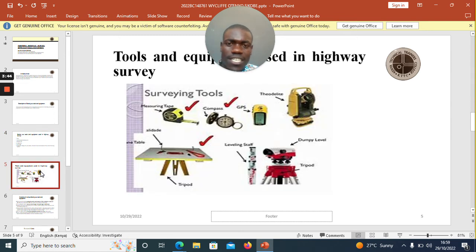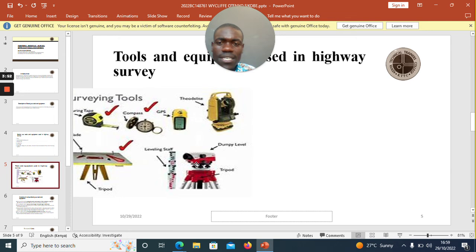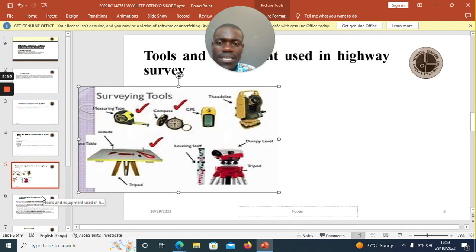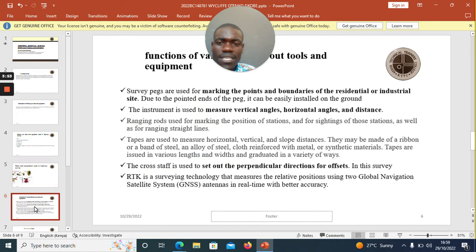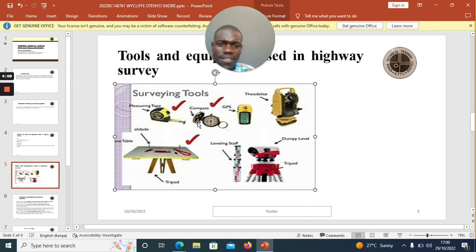So I have a chart here which is displaying those tools and equipment. This is the total station, this is the GPS, this is the measuring tape, this is the instrument, and this is the cross staff. Up to there, is there anybody with a question concerning the tools and equipment used in highway surveying?